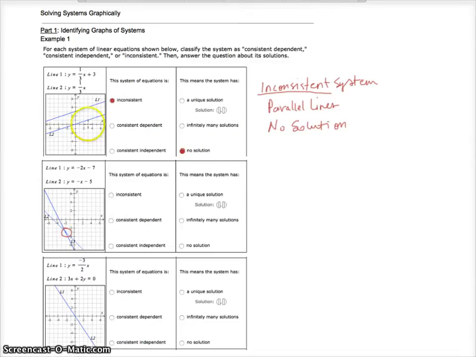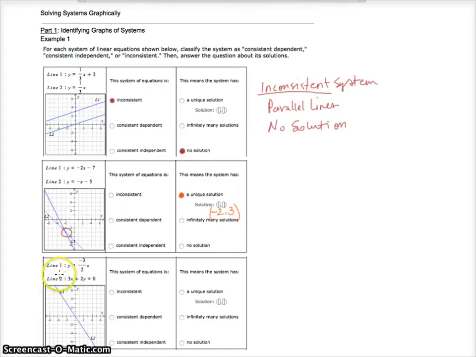And so we're going to mark that it's a unique solution, and we're going to put that point. That point is negative 2, 3. So we would click the button and we'd type negative 2, comma 3.